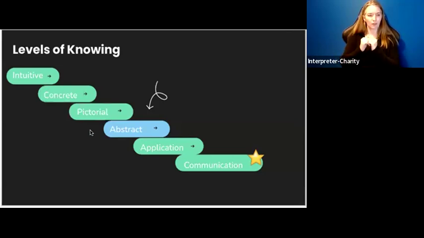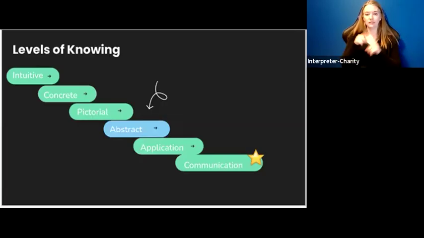The third level is called pictorial. When students move into the pictorial level, they are taking the blocks and things like algebra tiles, as Chris stated, and they're able to now represent them in pictorial form, or in a table or a coordinate grid.